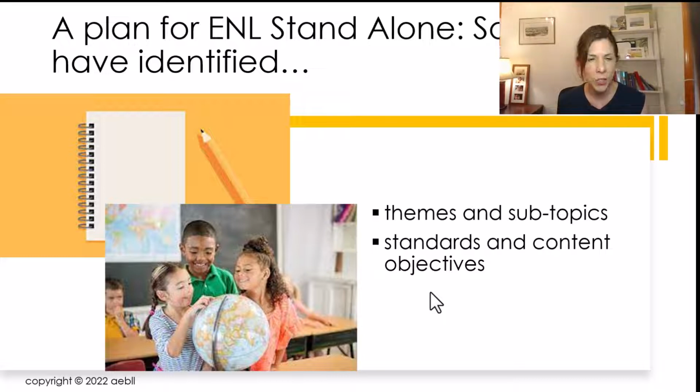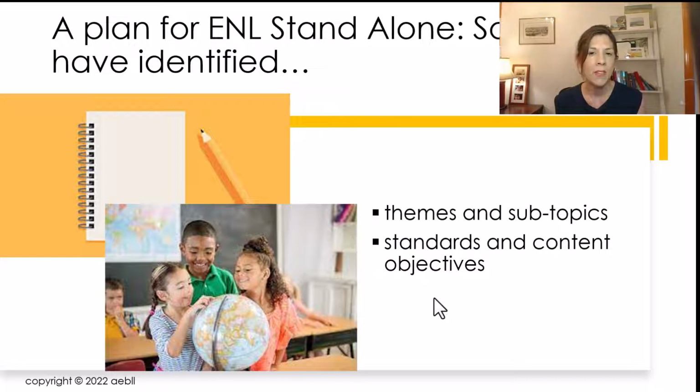I also asked you to look at standards and set content objectives. So for example, if my theme is going to be my school, my community, and the subtopic is my school building, one of my content objectives is going to be how to identify places in my school building.